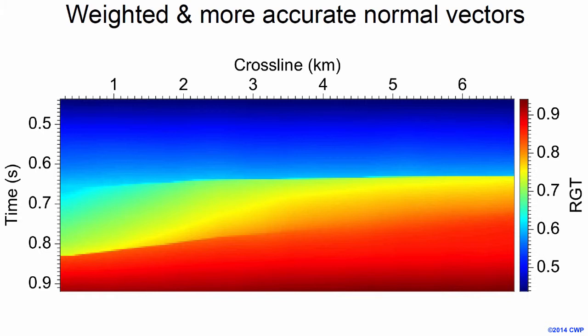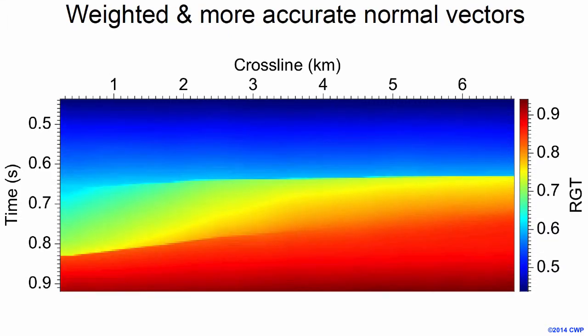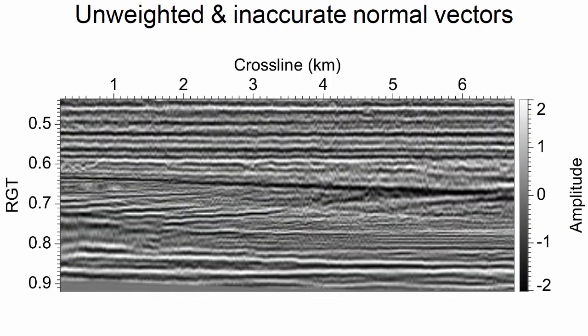So this is what we want, because again the unconformities represent depositional breaks, which means that the sediments below and above the unconformities should have discontinuous geologic times. Again, this is the one computed with the unweighted flattening method. Now using this improved relative geologic time image, we can correctly flatten the seismic image. These two unconformities produce two vertical gaps in this flattened image, and all other reflectors are correctly flattened.